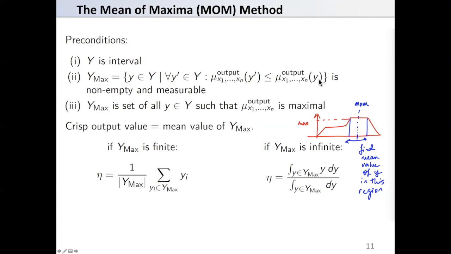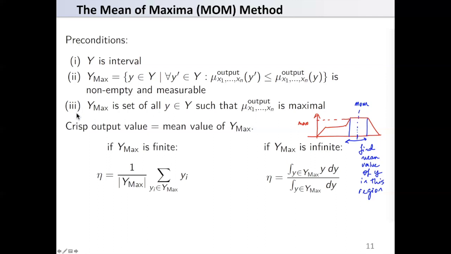And this should be non-empty and measurable. Furthermore, Y max is the set of y values in the reference set such that the membership value obtained as a result of considering the rules is maximal.